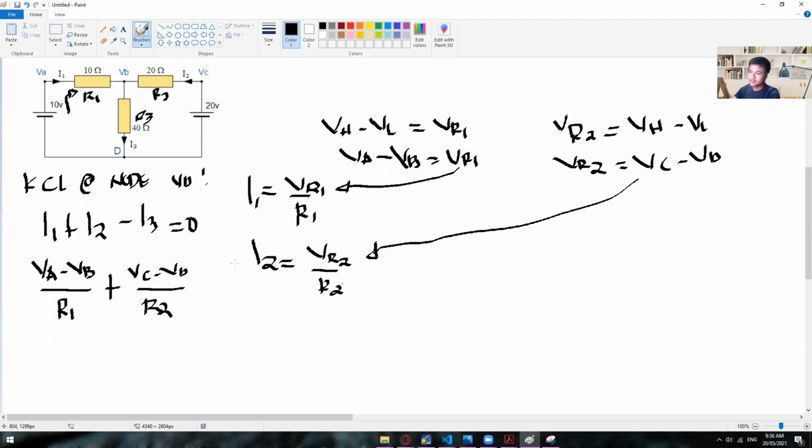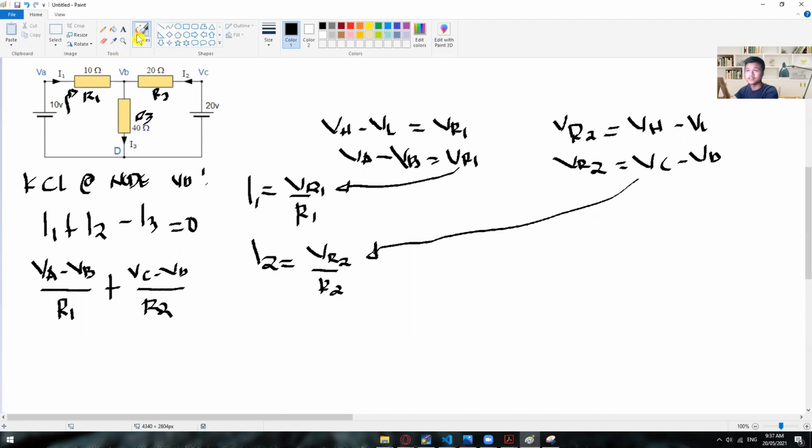Okay, that's good. In here, this is one thing that you guys need to know. In nodal voltage, the one that is connected to the negative part of our batteries or voltage source is what we call the reference node or the ground node.